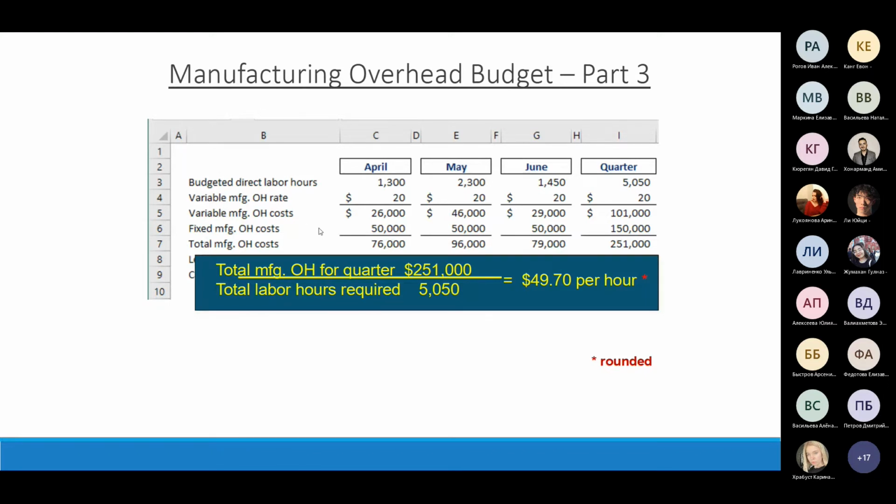Then the fixed manufacturing overhead cost should also be added, and we can calculate total manufacturing overhead for the quarter and divide it by the total labor hours required and calculate the rate per hour. This rate is a bit rounded, so we can use it for the period.